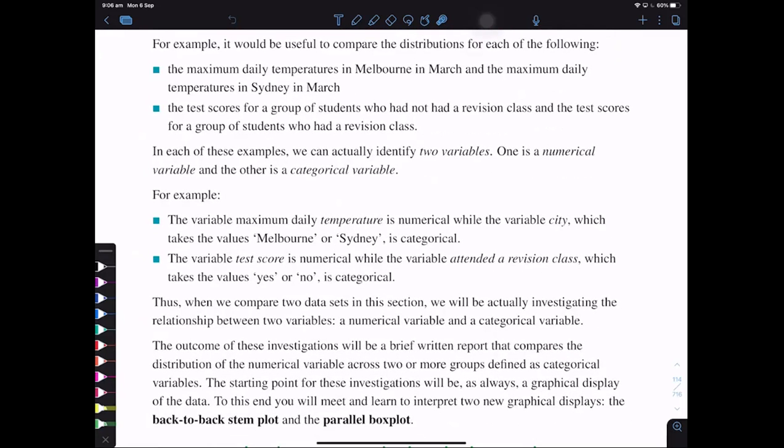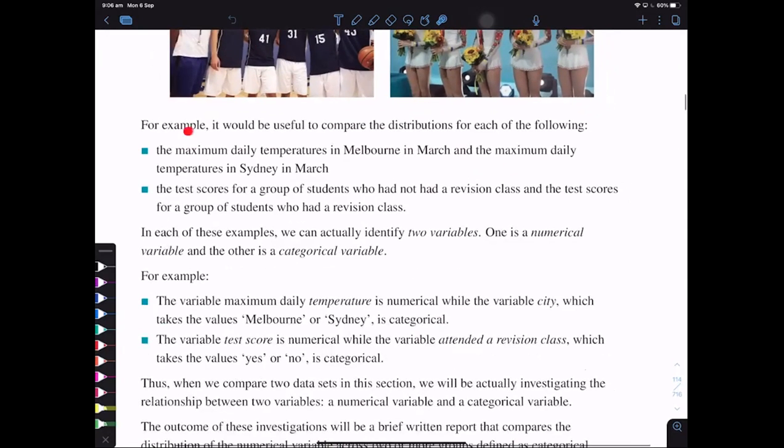So it says here, in each of the examples, we can actually identify two variables. One is numerical and the other is categorical, all right? So here it says maximum daily temperatures, and those are numbers, yeah?